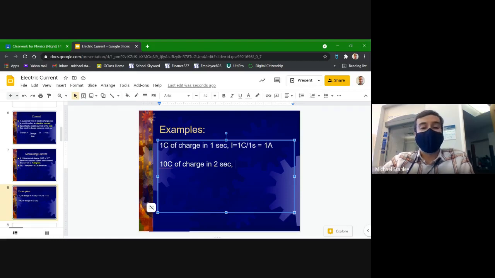Not quite, because the amount of time doubled, but the amount of charge went up by a whole lot. So if 10 coulombs go by in 2 seconds, how many amps do we have running through our system?